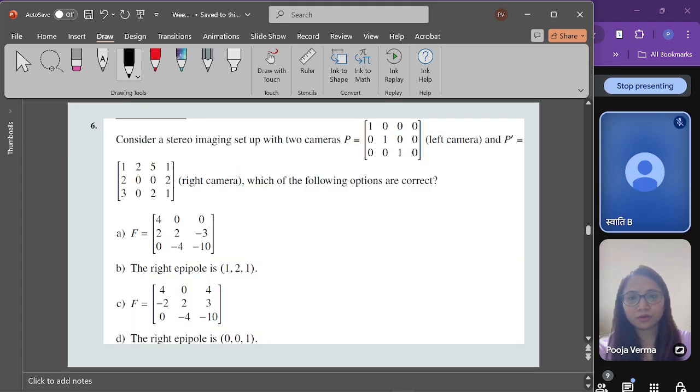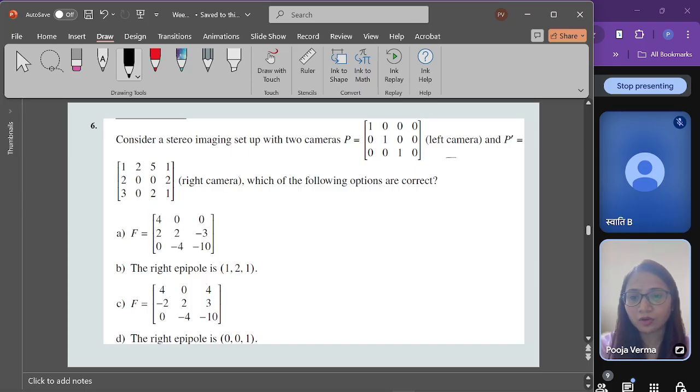Okay. So now the next question is: consider a stereo imaging setup with two cameras, P that is the left camera and P dash for the right camera. Which of the following options are correct? Here in the options they have given the fundamental matrix and right epipoles.